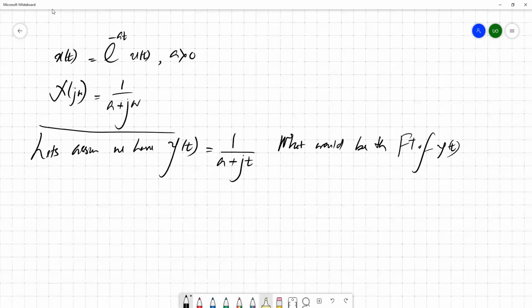So if you compare these two together, we found that this is the Fourier transform of xj.